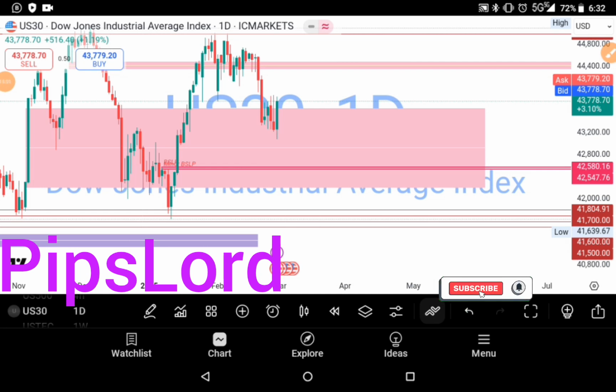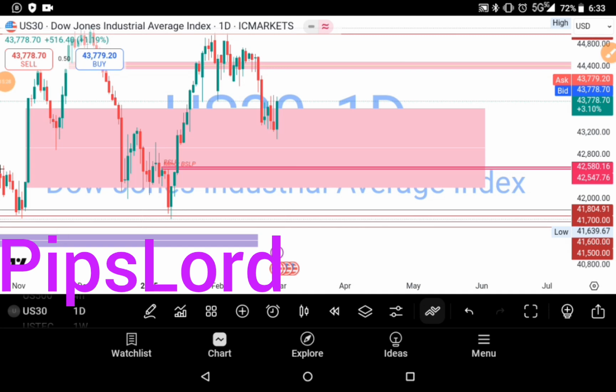But if 43,000 should give way, then I'll be coming into 42,000 or 41,000 thereabouts. So it will be clearer when the market opens. The movement would definitely leave a footprint.